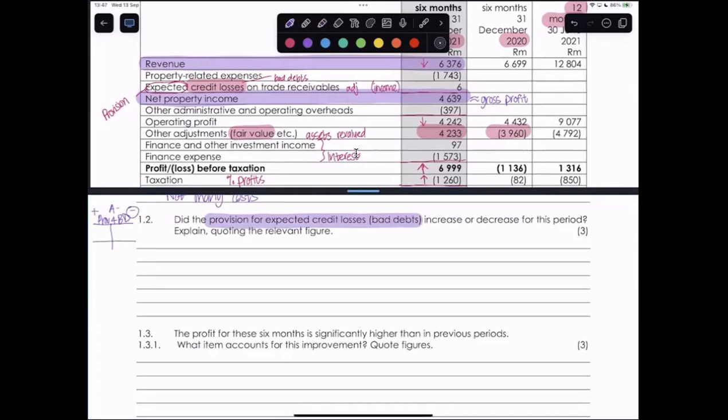If we have got a credit of 6 in the statement of profit or loss, that means that it would have had to be shown over here as the adjustment, which means that the original balance got smaller as it went from last year to this year. So it would have decreased. And the reason for that is simply that the adjustment is an income.